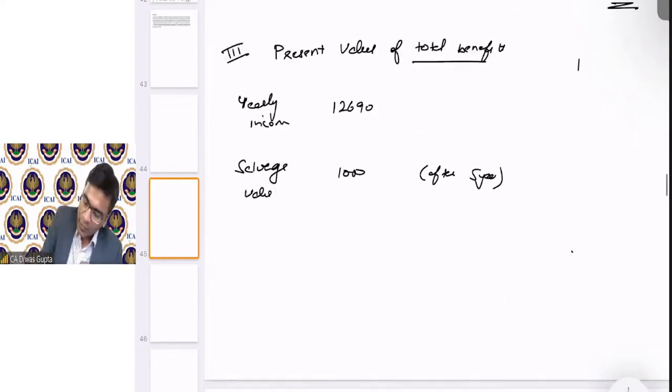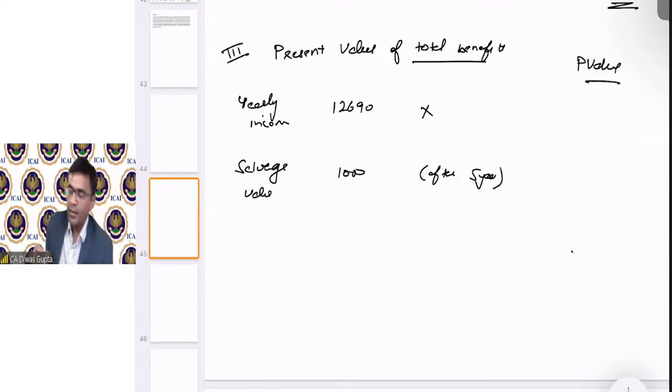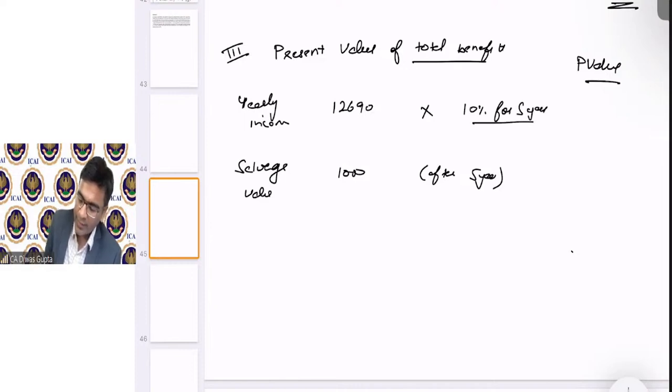So the present value will be 12,690 multiplied by the present value annuity factor of 10% for 5 years, right? And the salvage value will be multiplied with the present value factor, which will not be annuity.